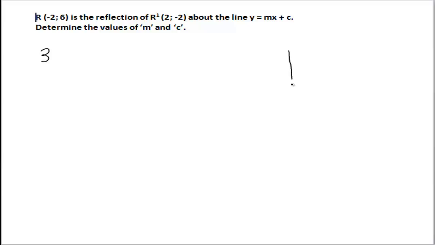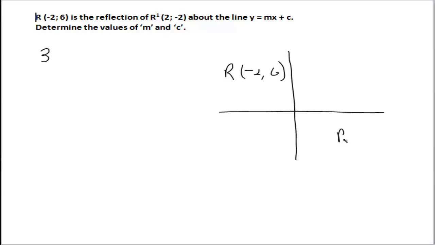So if we plot the points R, which is minus 2, 6, and then we plot the point R prime, 2, minus 2, now it says it's a reflection.